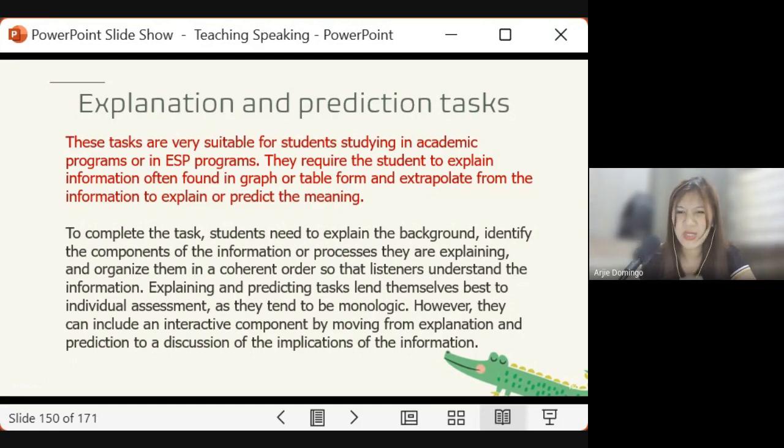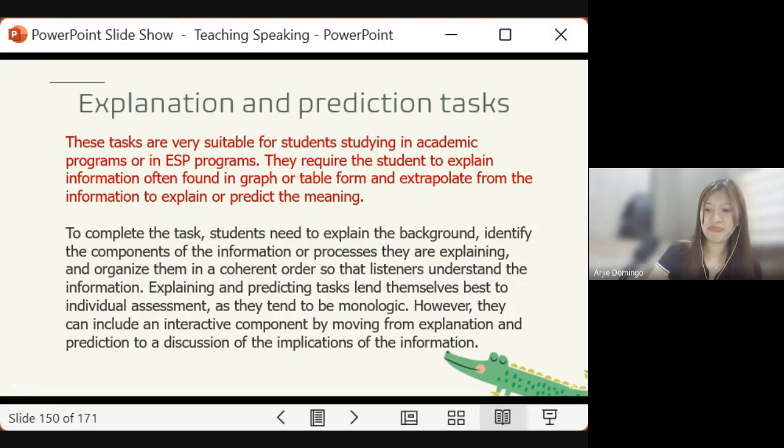So they would have to explain why they have predicted such a scenario to happen, what will happen next. All right. Identify the components of the information and let them explain and predict. Of course, there would be assessment. Why did you come up with such prediction?